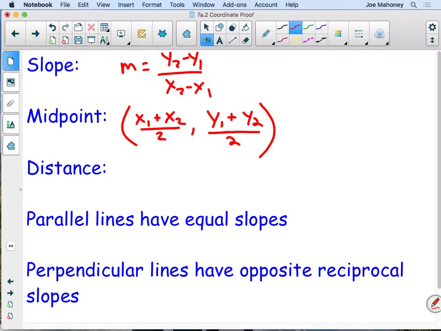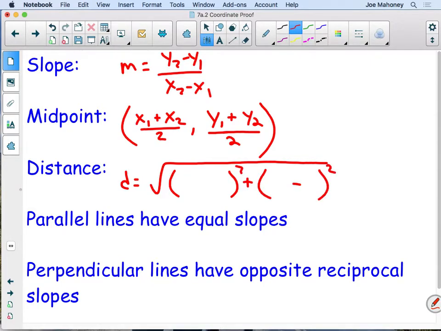And our distance formula, that's our big ugly one, right? The distance is the square root of the sum of the squares of the differences of the x and y coordinates. And remember, if all else fails, do the Pythagorean theorem.